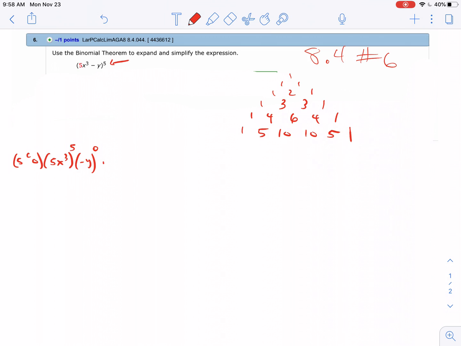Then we move to the next one, which would be 5C1. 5x cubed will come down 1. Negative y will go up. 5C2. Then you have 5x cubed goes down 1, and the negative y goes up 1.